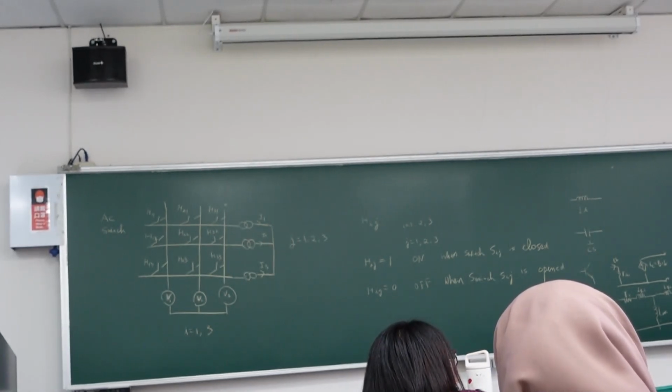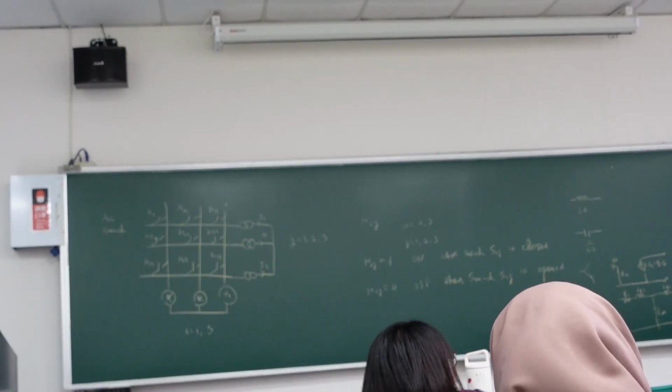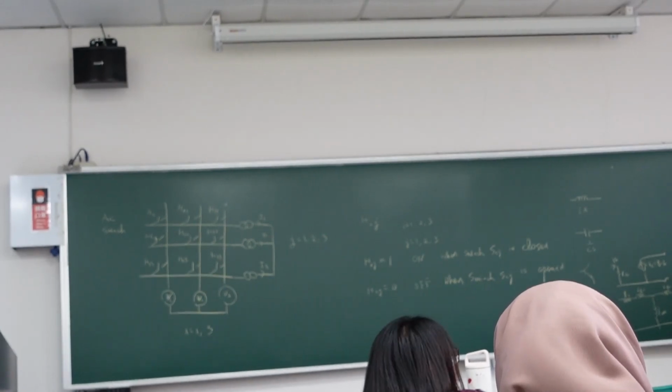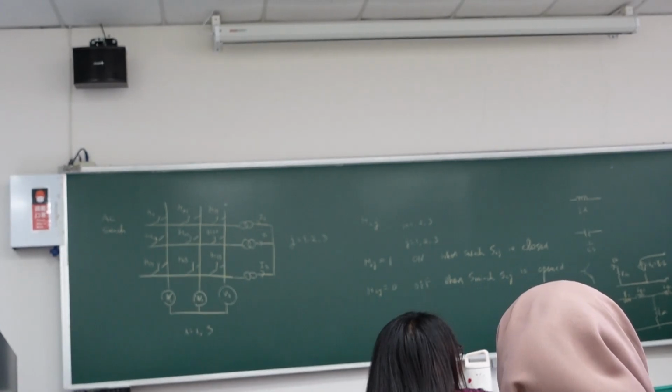What about high resistance and low resistance? High resistance, just like open. Okay, so high resistance equal to infinite, 1 mega, yes. And the low resistance is equal to 1. So do you use this when you learn electrical circuit?